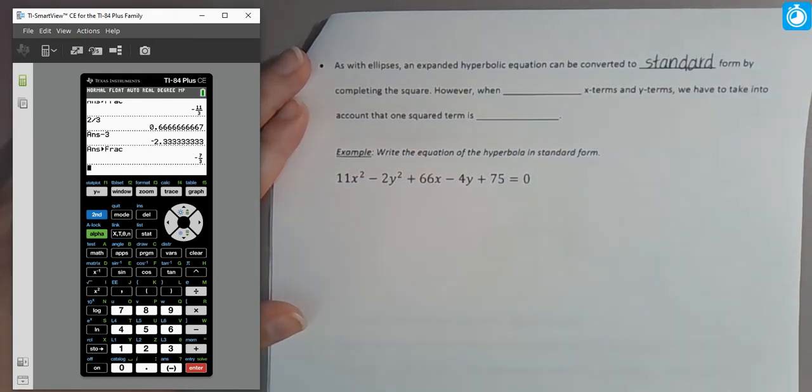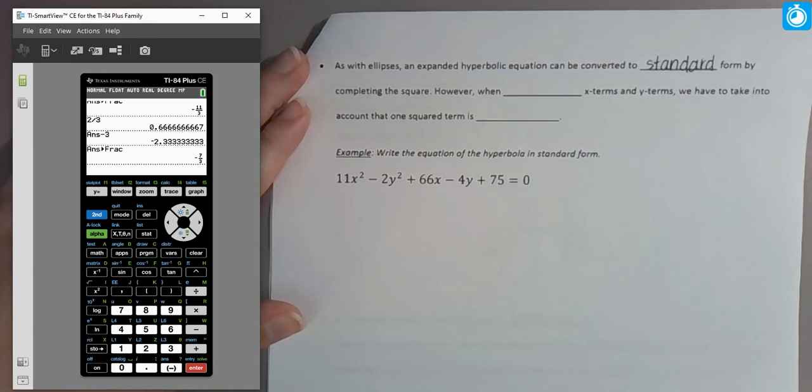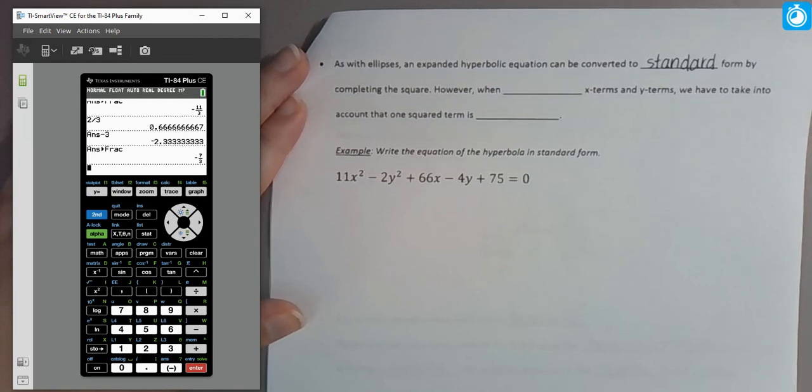And just like with ellipses, we can use completing the square to put our hyperbolic equation in a standard form, something that would be easier to graph. There's one additional consideration here, though, that we have to be careful about. It's not really going to change our strategy or our approach. It's more of an issue that we need to be aware of.